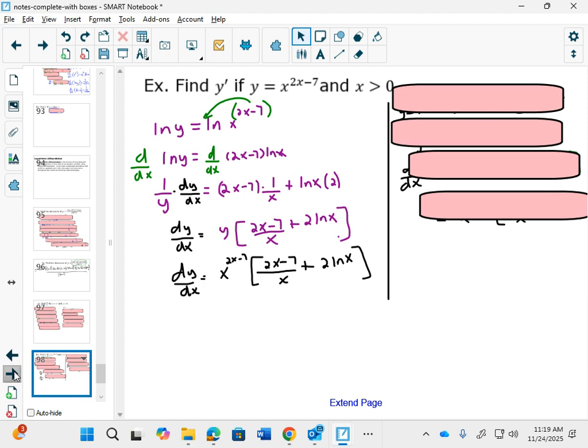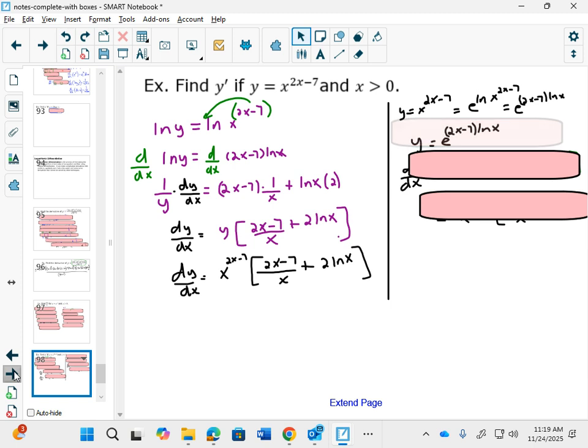Of course, if you wanted to, you could use that other technique as well. Change it to e to the natural log, which brings it out in front.